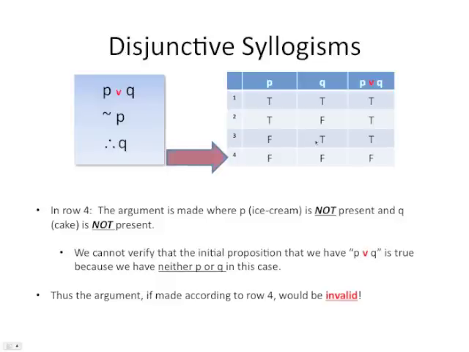We say, yes, we can verify that we don't have P. And so the conclusion that we should be able to make from this syllogism is that we will have Q. Well, all things considered, if P or Q is true, and not P is true, in this case, we don't have the P, then we should be able to verify that we actually have Q. And in row 3's case, we do have that possibility. And so according to row 3 in the disjunctive syllogism truth table, we know that this disjunctive syllogism actually works.